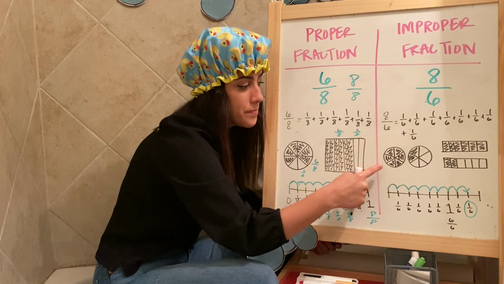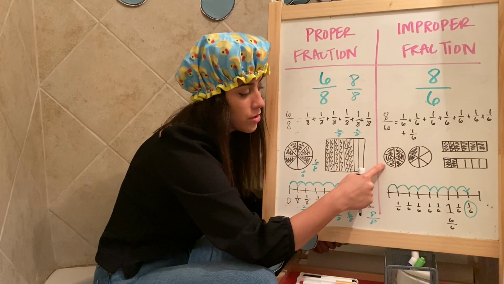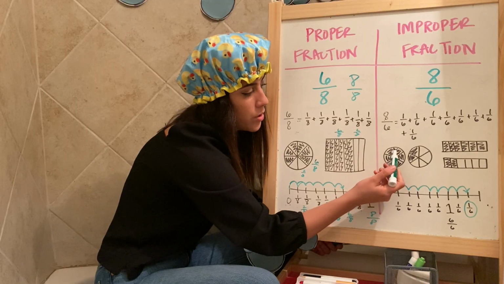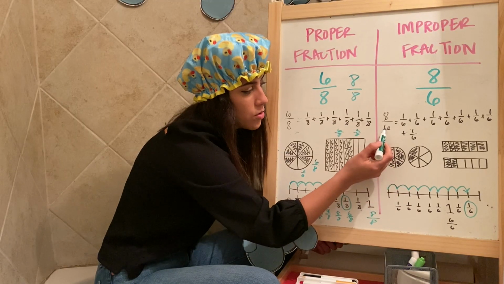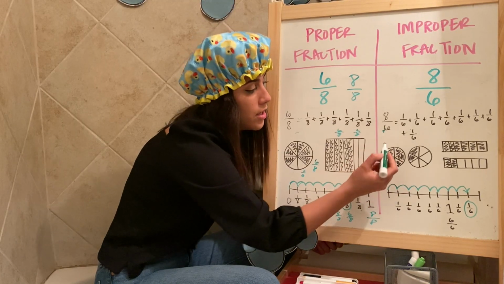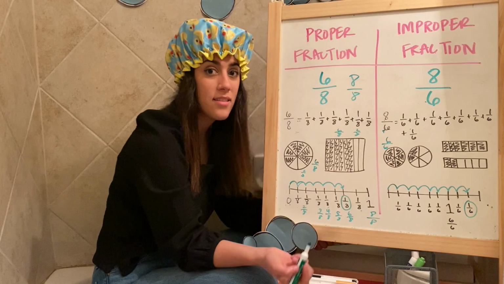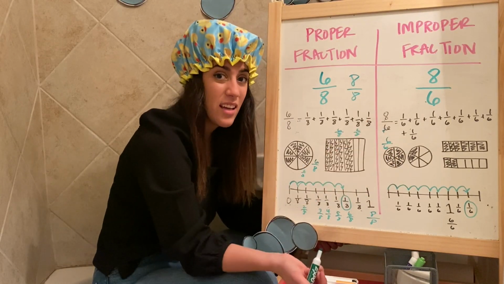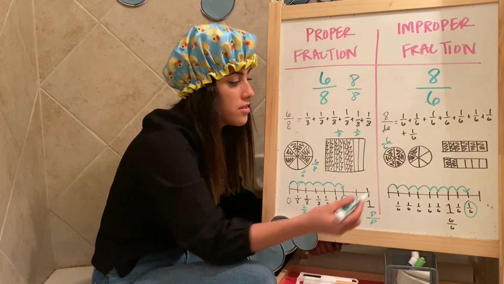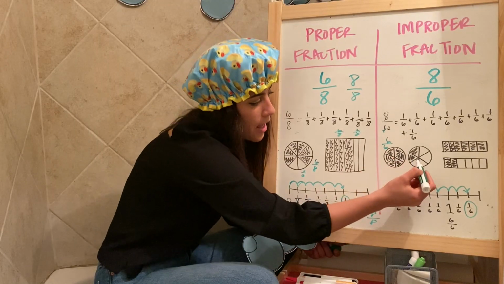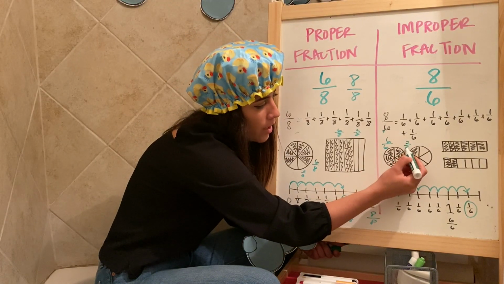But visually, this whole circle was shaded in. I shaded in 1, 2, 3, 4, 5, 6 because it told me there were only 6 parts in a whole. So this circle is 6 out of 6, but I have 8 out of 6, so I need another circle to represent that. So I have 6 out of 6, and this circle has 2 out of 6.